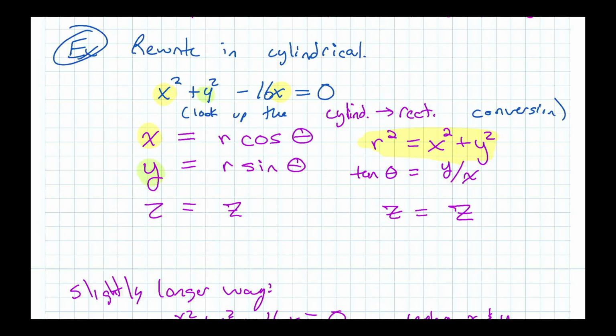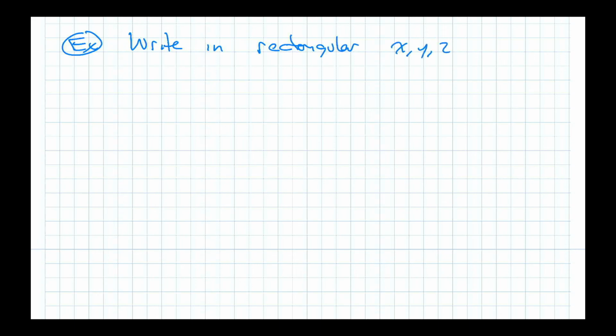Okay. Let's see. Now, what would you do with something like this? Let's see, write in Cartesian again. No, yeah, write in rectangular. Okay, here it is.